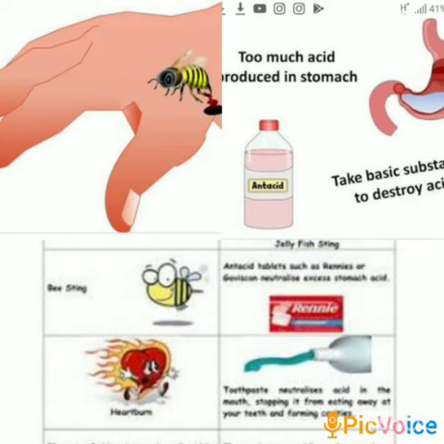Now I am going to tell you some of the uses of neutralization reaction in our daily life. As you know, hydrochloric acid is present in small quantities in our stomach, which helps in digestion of food. However, when an excess of this acid gets secreted in the stomach, it causes uneasiness, nausea, and pain.